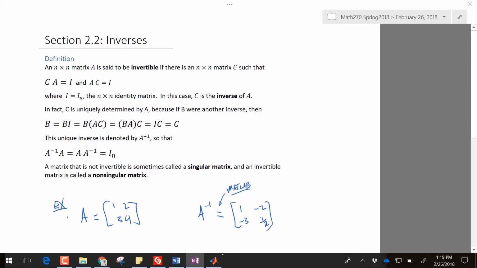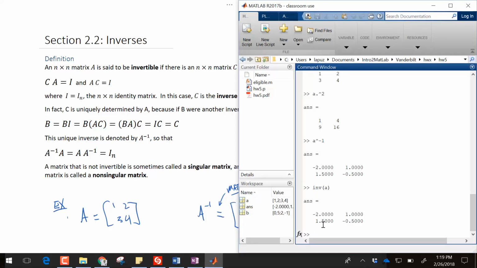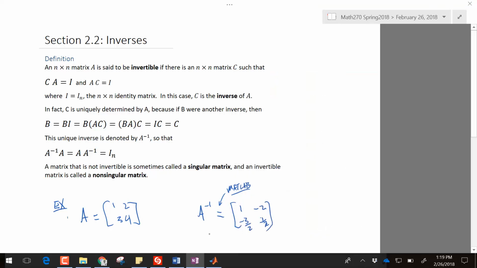Wait, what was it again? That would be 3/2, right? 1.5. Did I get? Oh, so those are negatives, and that's not. Boy, I bit this one, huh? All right, let's try it again. This is what? I forgot now. -1, 2, -3/2, 3/2, -1/2.